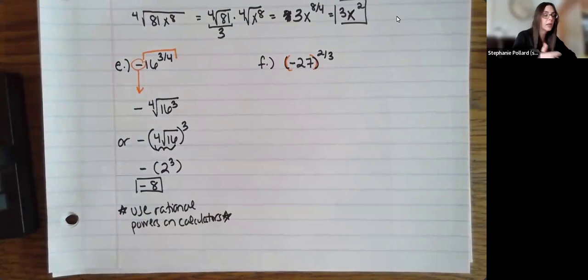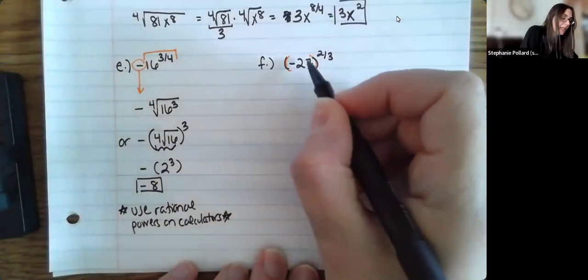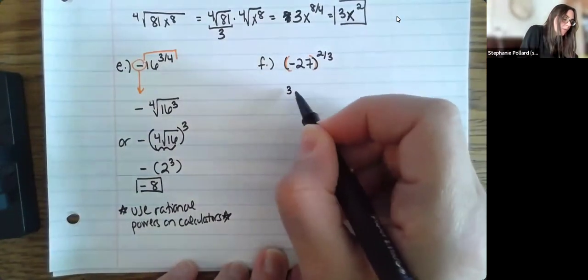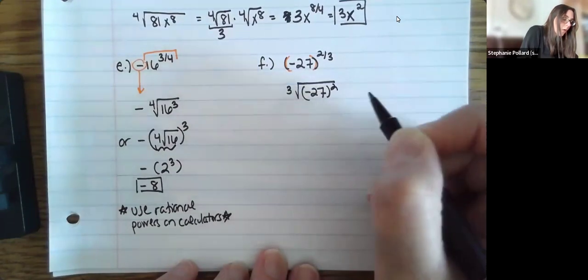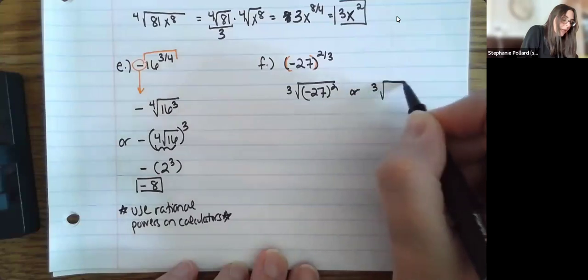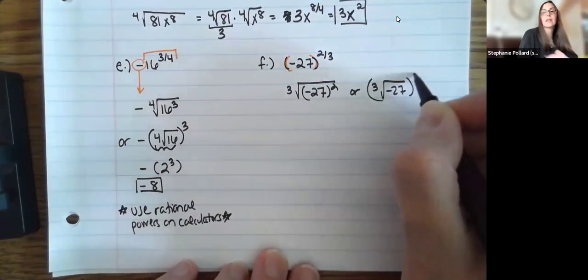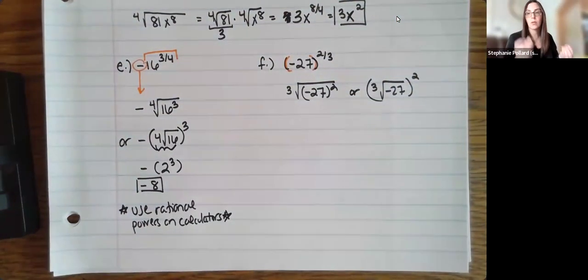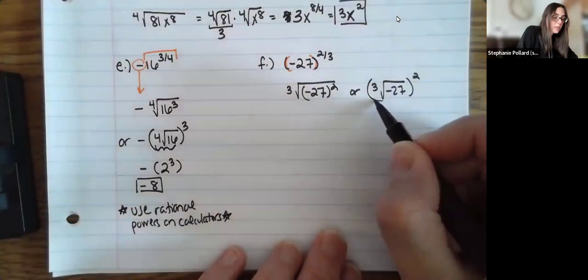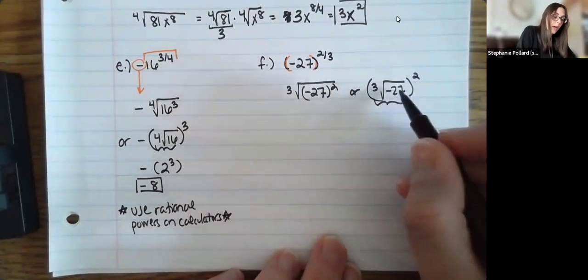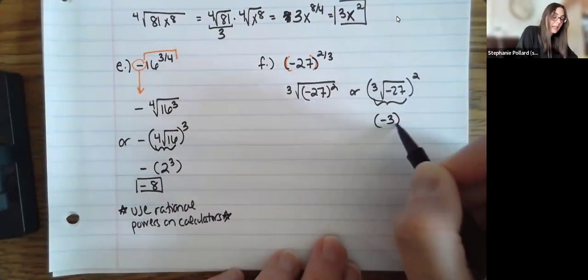And then for this one here, I'm noticing that the negative is in the root. So I have the cube root of -27, squared, or I have the cube root of -27 squared. It doesn't matter which way you write it. They're both correct, and you can get the same answer both ways. Usually one is easier than the other. So for me, in this case, this one is much easier because I know the cube root of -27 is -3.